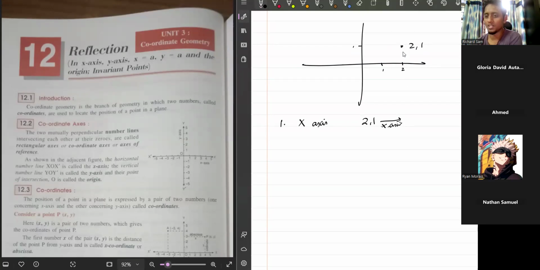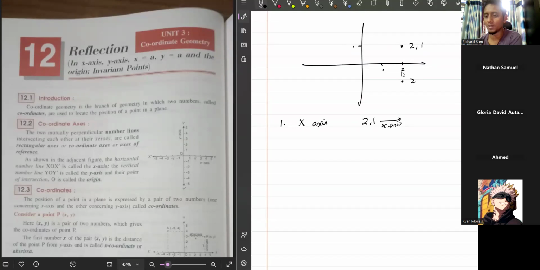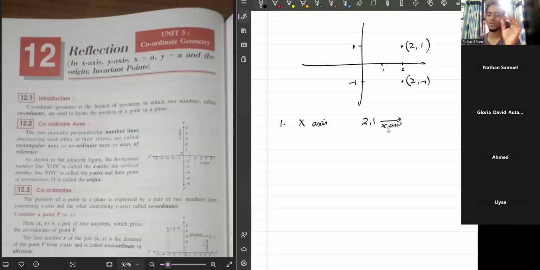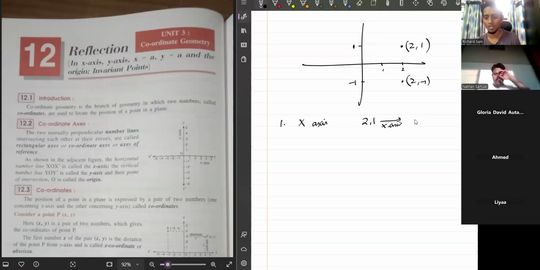So on this axis, the 2 will remain as 2 itself, but this 1 will be -1. So a point 2 comma 1 on reflection on the x-axis becomes 2 comma -1.